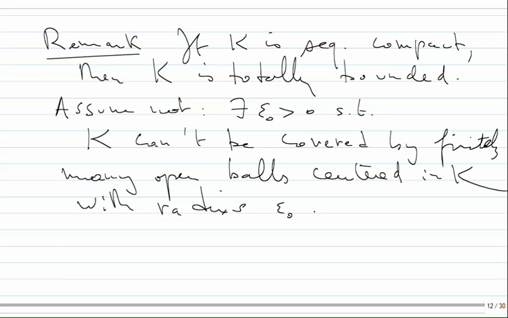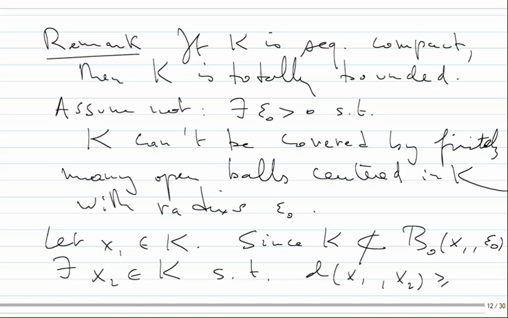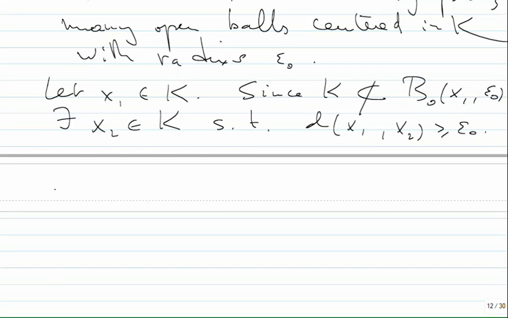Okay, so let x1 in K. Since K cannot be covered by one ball, there exists x2 in K such that x2 does not belong to the ball, so the distance between x1 and x2 is greater or equal than epsilon 0. So now assume x1, x2, up to xn are known.